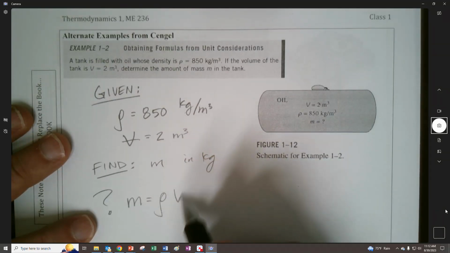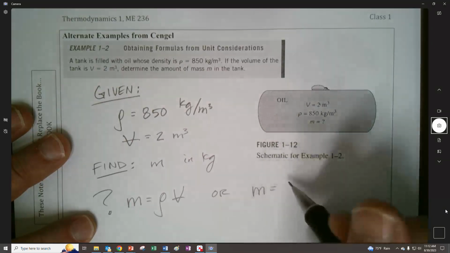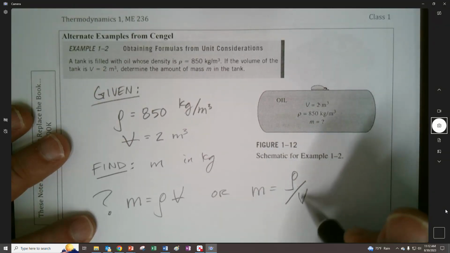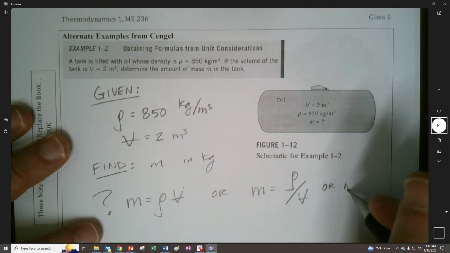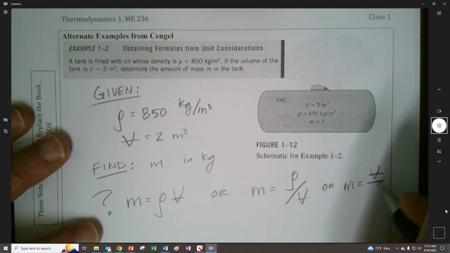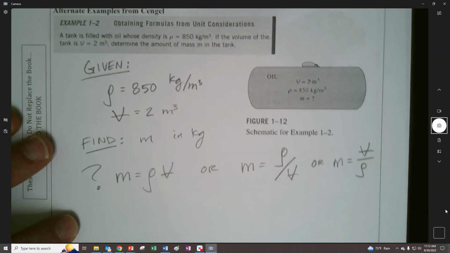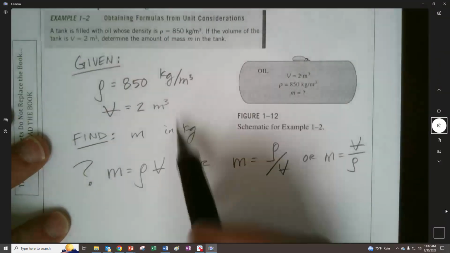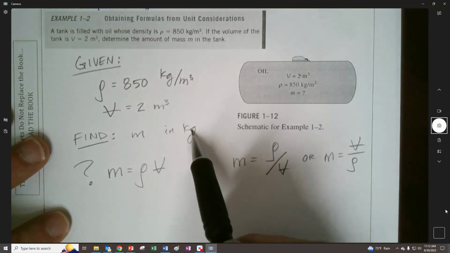Could it be this or this? Or could it be M is equal to this over this? Which combination do you think it is? You've seen the kilogram per meter cubed and the meter cubed, and you need to get a kilogram.